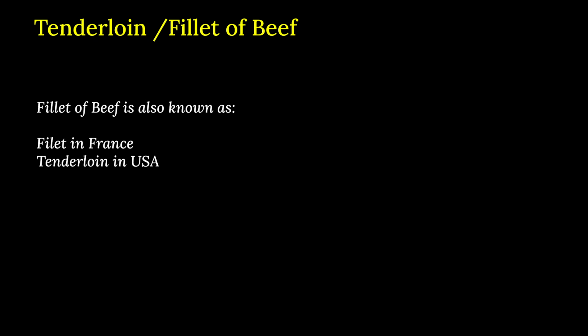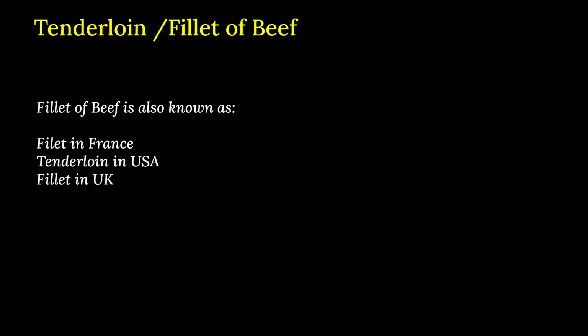Tenderloin is a very common term, a very widely used term in the USA. And fillet, another term, F-I-L-L-E-T, that is the spelling, is used in the UK. So in the UK and France we have almost a similar word, only with a change in the spelling. And in the USA, we call it tenderloin.